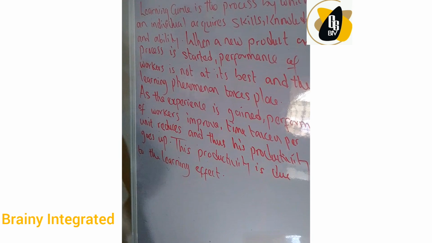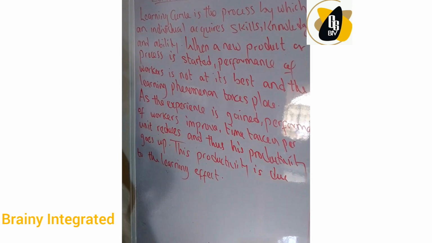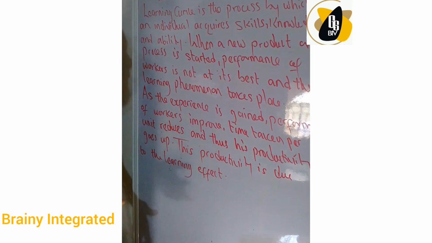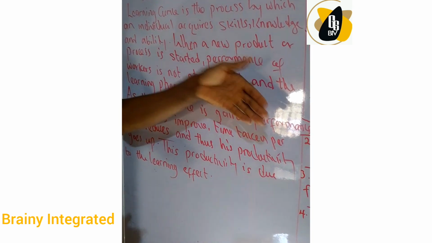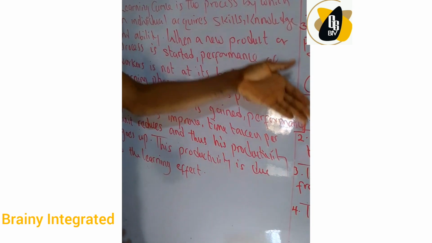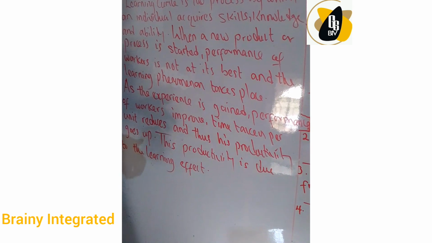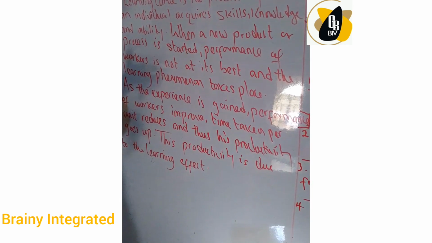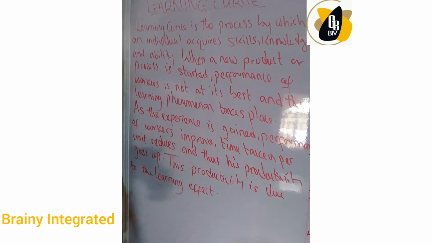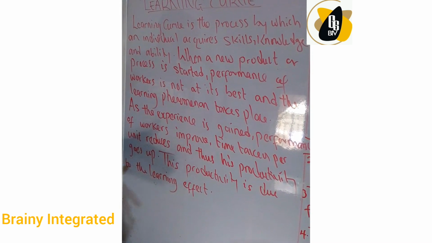Why? Because it is new. It is when you come and say, oh, you should have rubbed the soap first. After doing that, you should have used a sponge to scrub your body. After doing that, you should have poured water. Then the child will say, oh, okay, mommy, I'm going to try better next time.